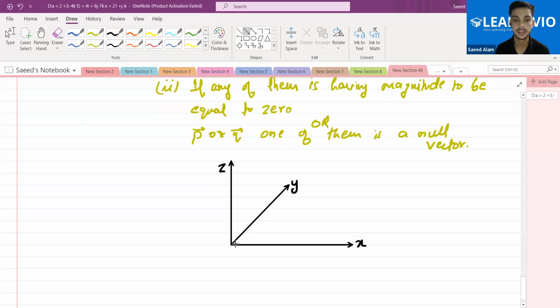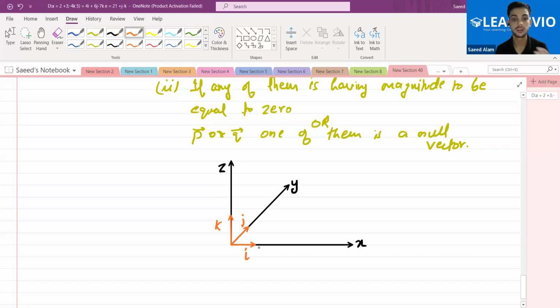Now tell me, what will the unit vector along the x direction be called? I. So this is actually the I. What is the unit vector along the y direction called? J. So this is actually the J. And what is the unit vector along the z direction called? K. So this is actually the K.